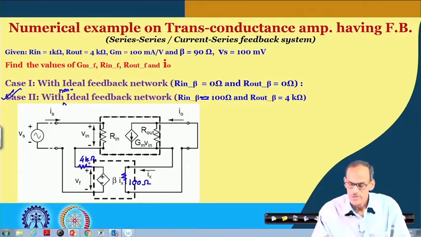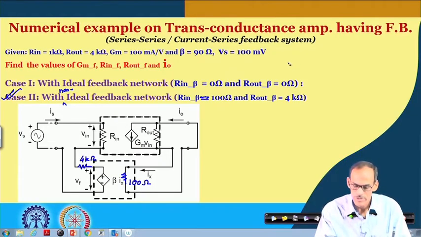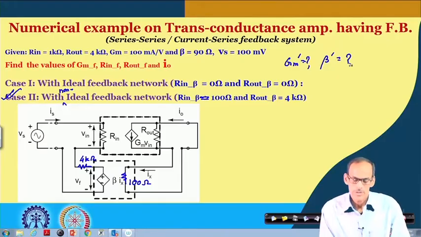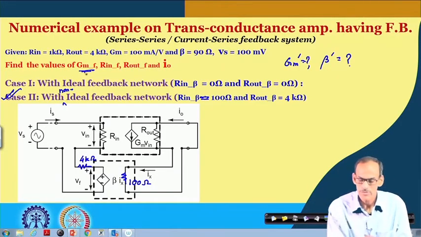To start with we need to find the corresponding GM dashed and beta dashed. From that we can probably get a hint of how to calculate GMF.